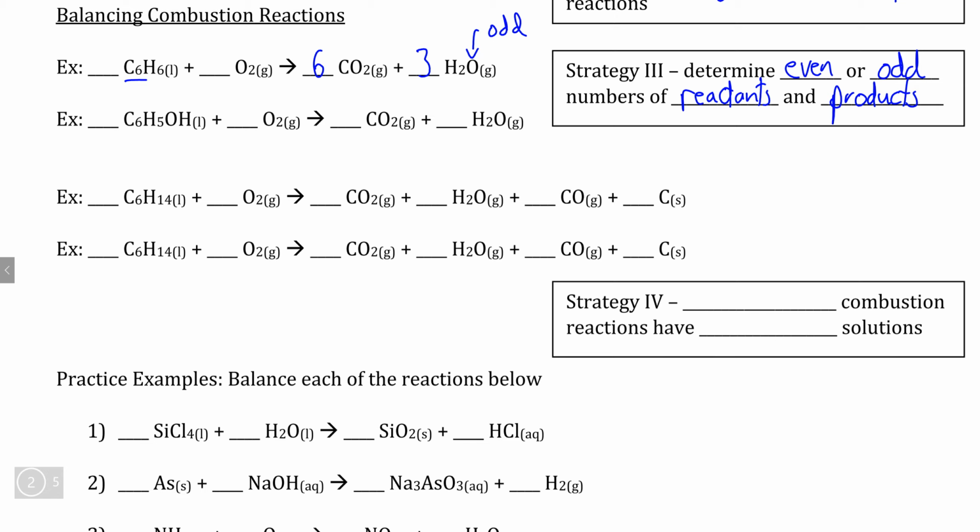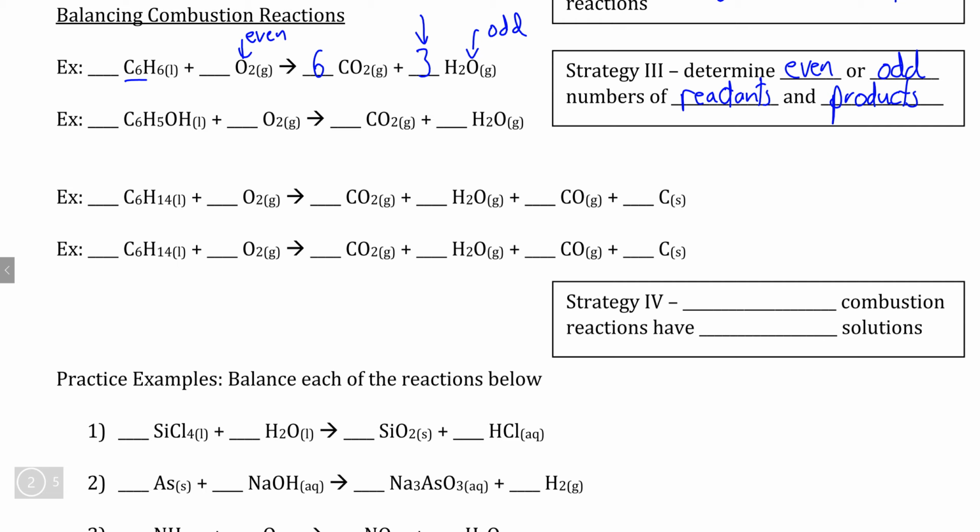We can see that as long as this balancing coefficient is odd, we will never be able to balance the number of oxygens, because O2 is an even number, which means that in order to balance oxygen, we need an even number of oxygens on both sides of our chemical reaction.